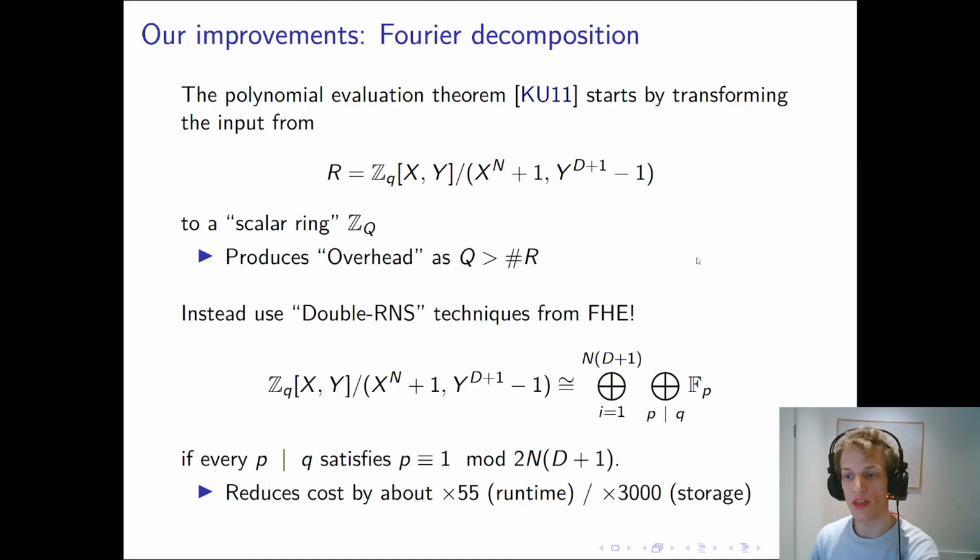However, we show that we can completely avoid this step if we choose the parameters correctly. And in fact, for many FHE schemes, this choice of parameters is already the default because it also allows improving performance in other settings. In particular, if we choose every prime factor of the ciphertext modulus q to be congruent to 1 modulo 2n times d plus 1, then this whole ring already decomposes into a direct product of finite fields, F_p.